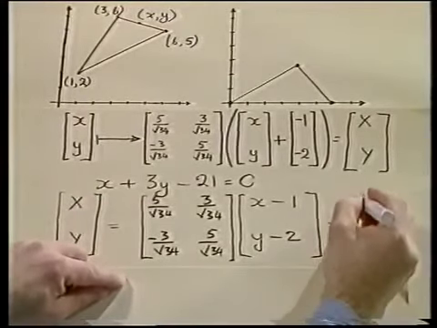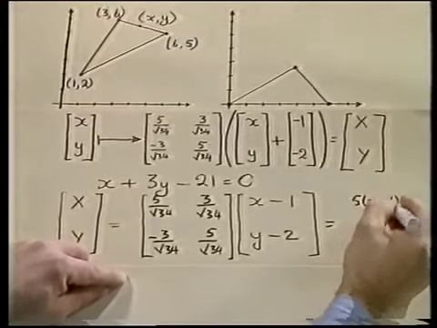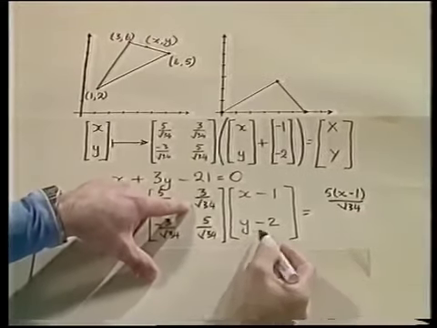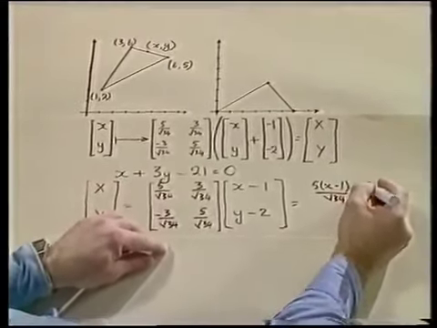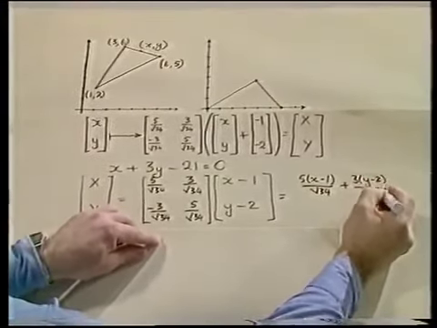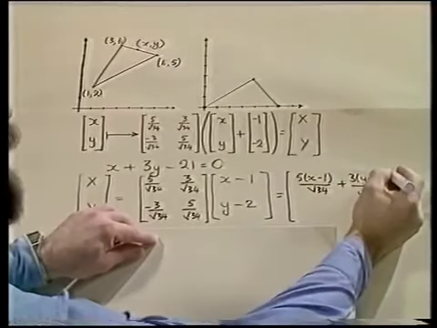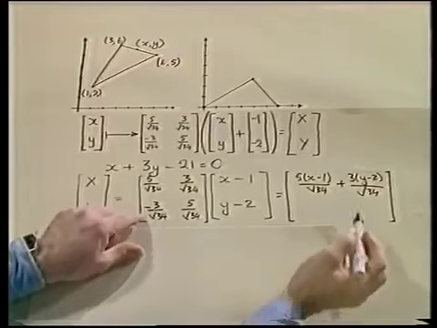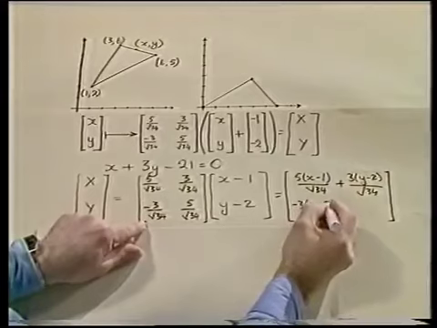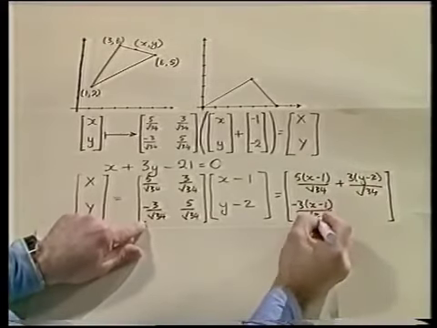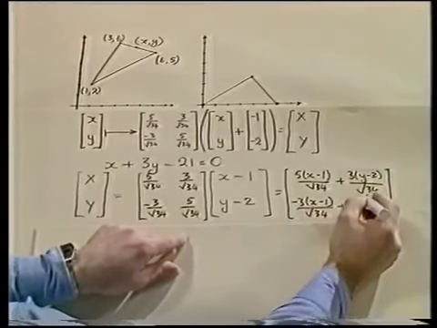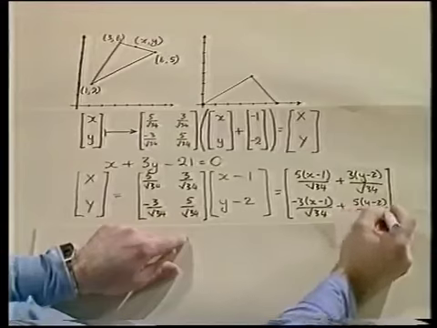That's 5 times x minus 1 all over root 34, plus this times this. That's 3 times y minus 2 all over root 34. And on the bottom, I get this times this. That's minus 3 times x minus 1 over root 34, plus this times this. That's 5 times y minus 2 all over root 34.